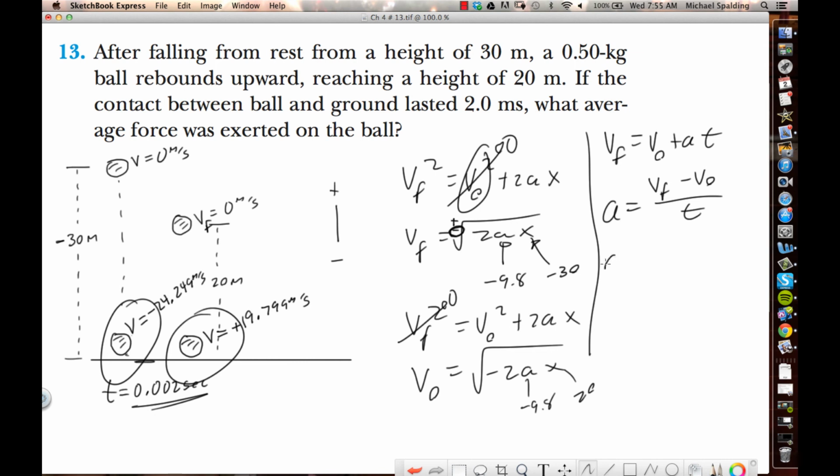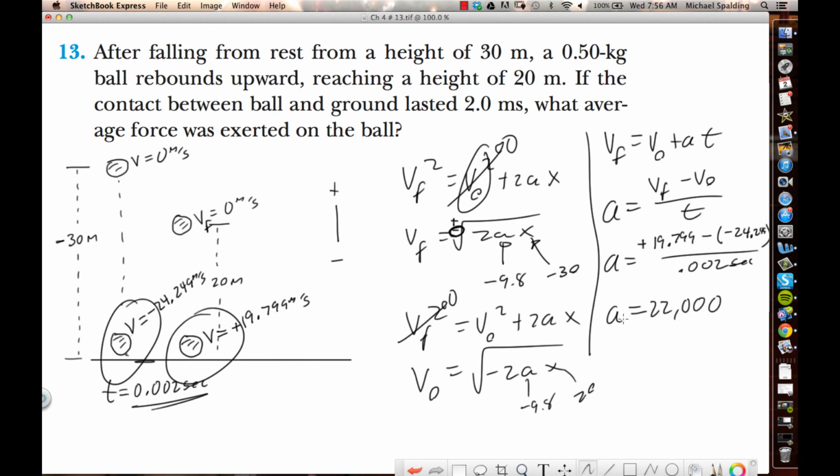So now you got to be careful here. Vf is positive, right? After collision, this is 19.799 minus a negative 24.249, like that. Divide by 0.002, and then you get an acceleration of 22,000.